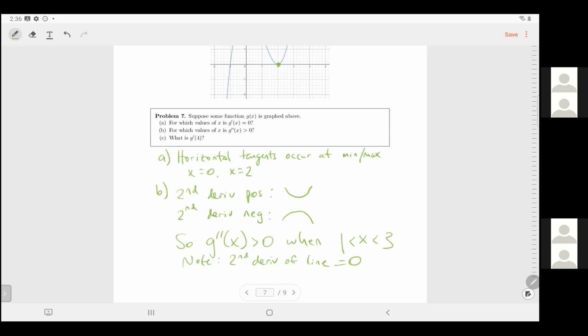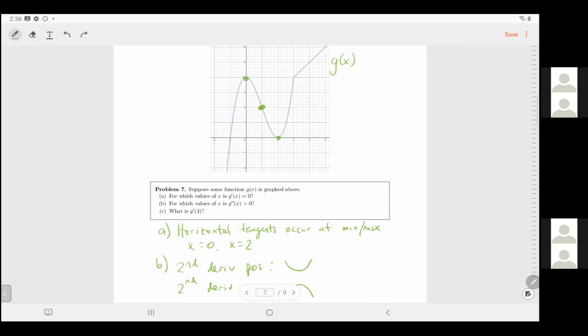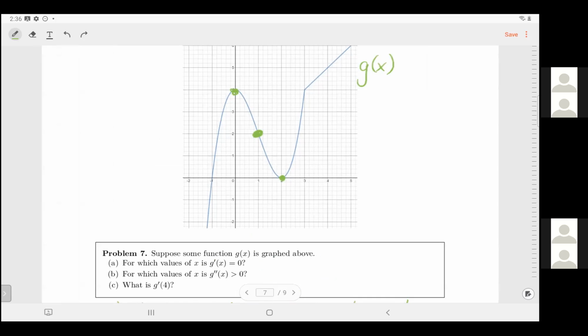All right, part C asks, here I'll just get part C up here, zoom back in. What is G prime of 4? What do you guys think? So 4 is here. Yeah, it's just 1, right?